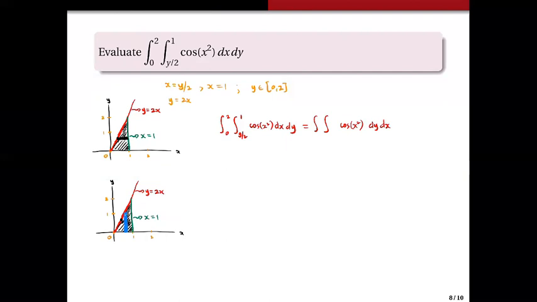The lower part is always y equals 0. The upper part is always the line y equals 2x. So in here, we will have y equals 0 until y equals 2x.